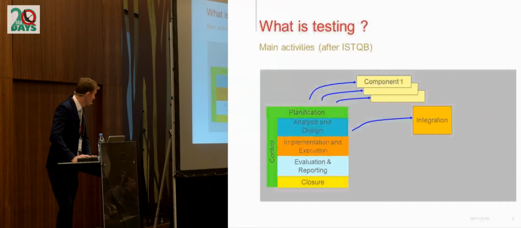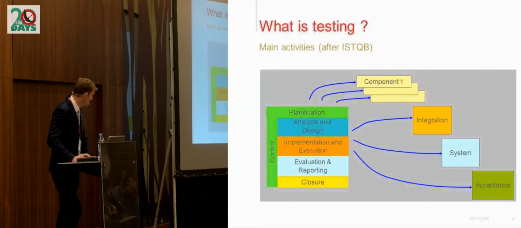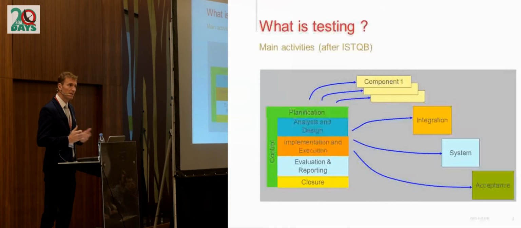Then we have a second level, which is called integration testing. Then a third one, which is system testing. And the last one, which is acceptance testing. So I know that most of you already know that, but it's important because what we will see is that the risk-based testing approach is everywhere in the test process, in each activity and at any level.